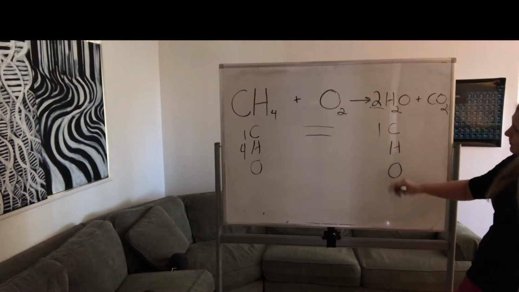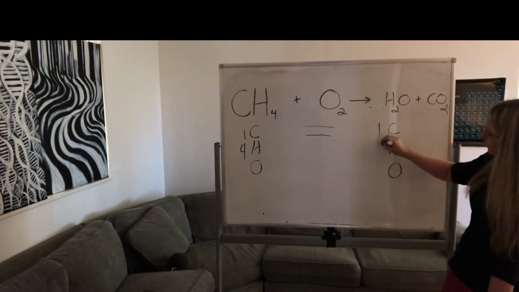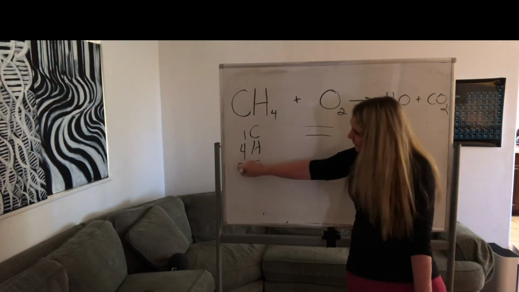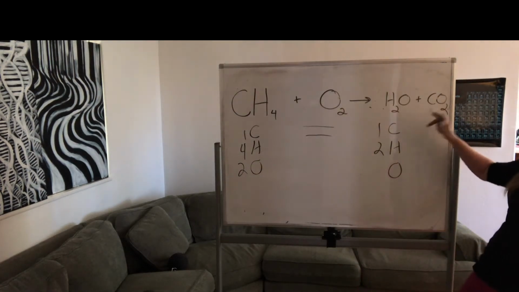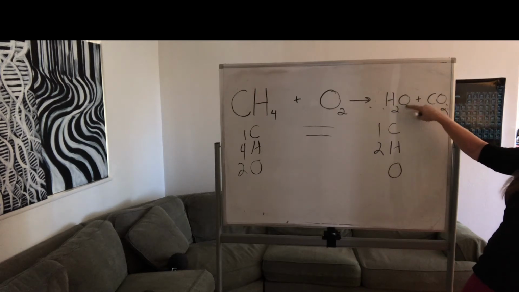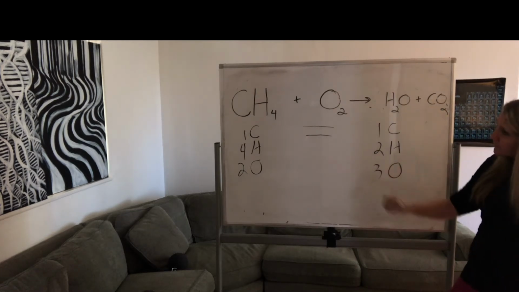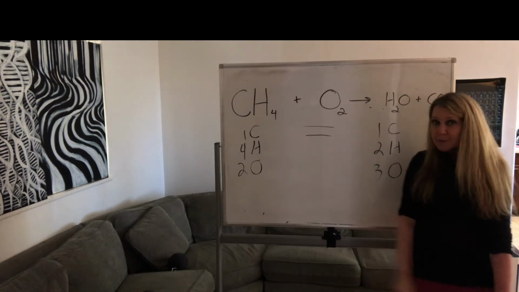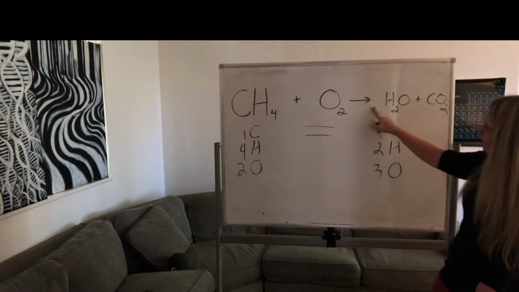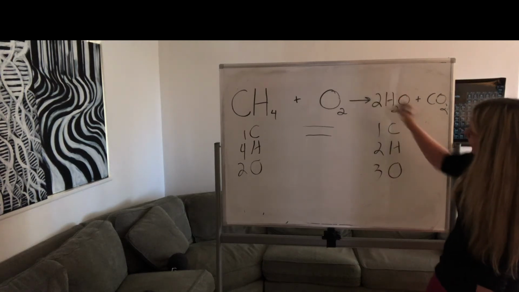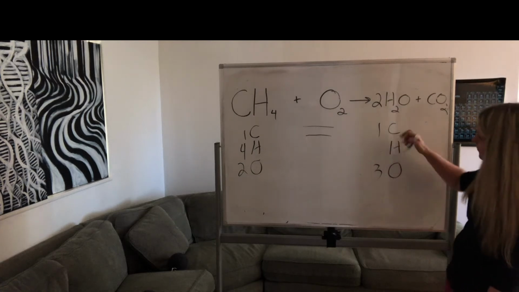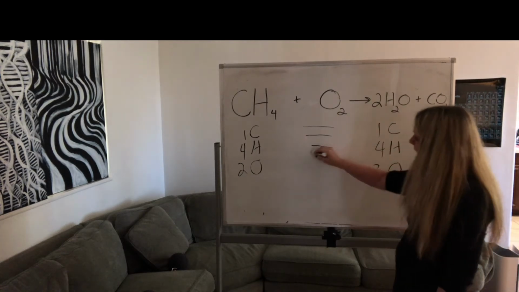This side, originally we had 2 hydrogens. Oxygen, we have 2. Remember, this is a subscript, we have 2 here plus 1 here. That's 3. So these are the numbers of atoms we have right now. Now, like I said, if we add another water molecule, make this 2, now this side has 4. So now the hydrogens are equal.